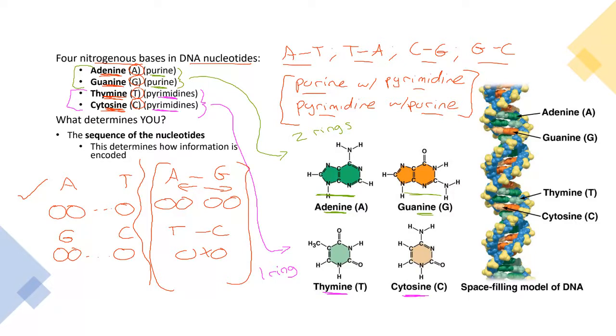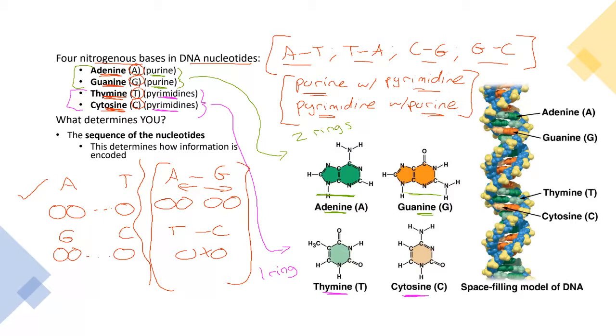So always remember this rule. That is extremely important. Adenine with thymine, thymine with adenine, cytosine with guanine, guanine with cytosine, all the time, because a purine has to hang out with a pyrimidine, and a pyrimidine has to hang out with a purine, always.